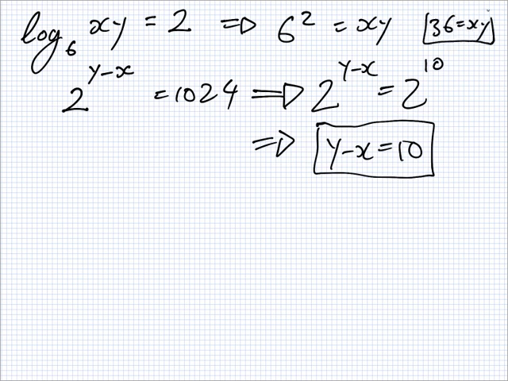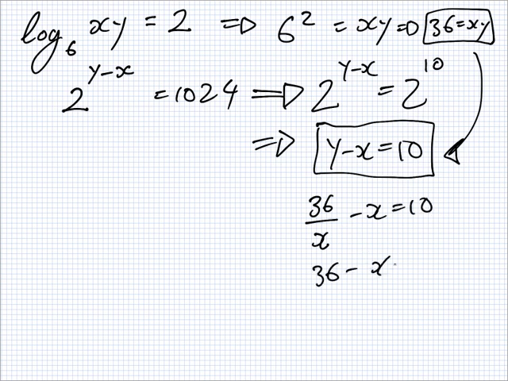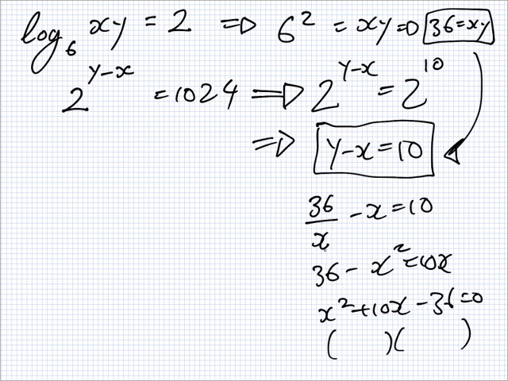So what does y equal? y would be 36 over x, minus x equals 10, multiplied by x. 36 minus x squared equals 10x. So now I get x squared plus 10x minus 36 equals 0. That's what I got.